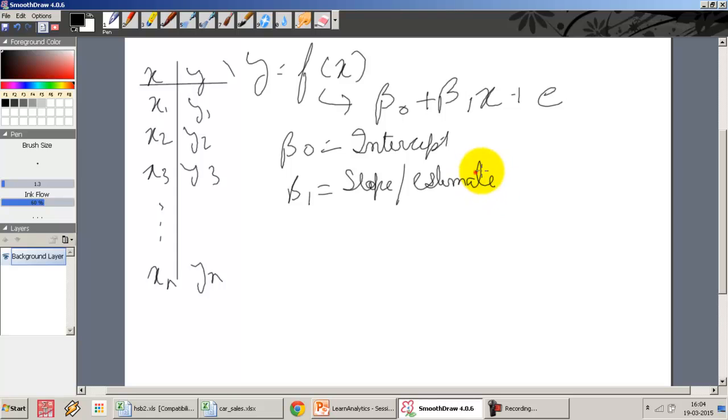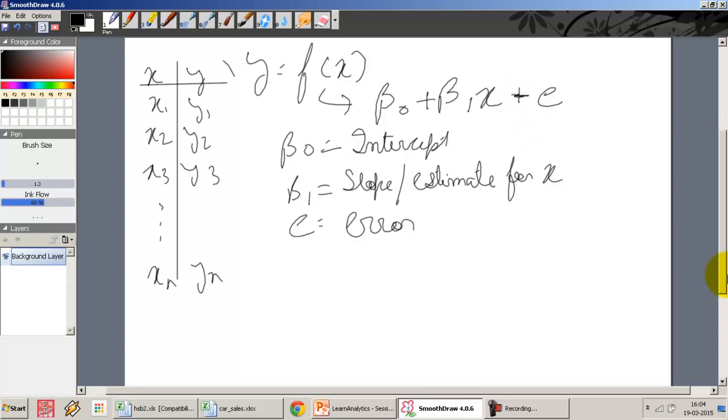We call it the slope or estimate for x as the independent variable, and e is the error term in our regression model. I'm going to talk about the error term a little over here, but before that, how do we actually go from having a data set of observations to a function where we fit in y is equal to beta naught plus beta 1x plus the error term?